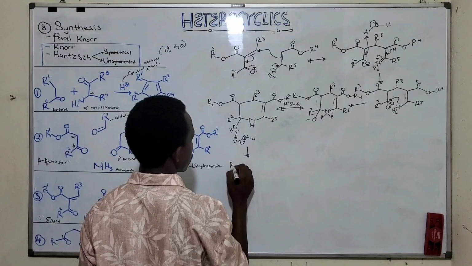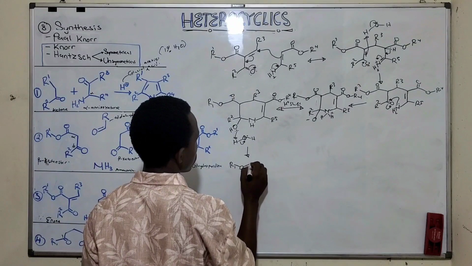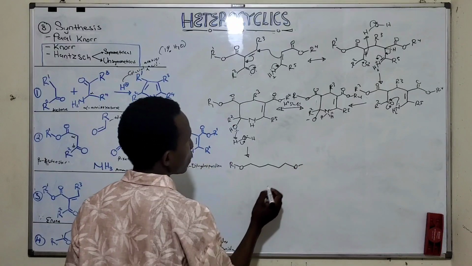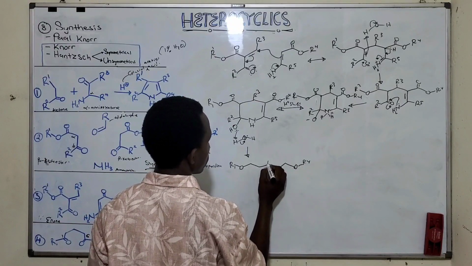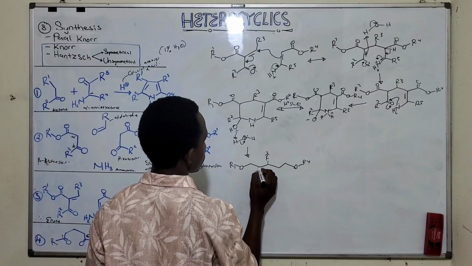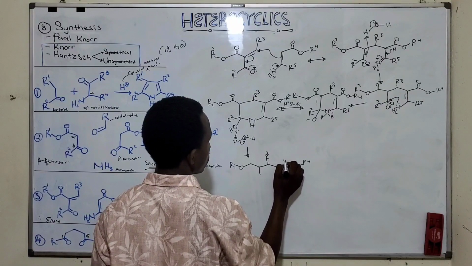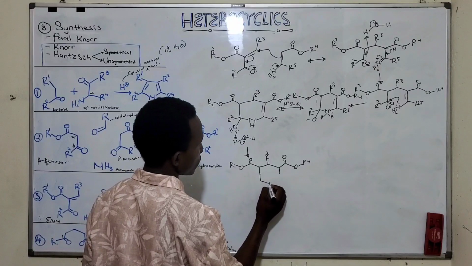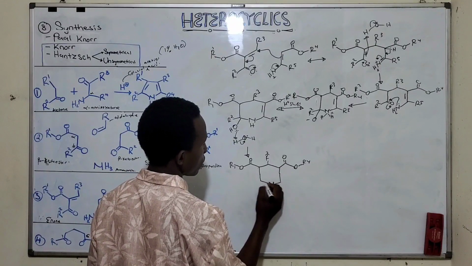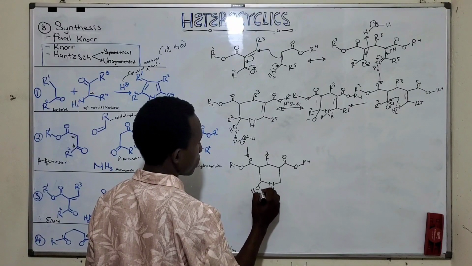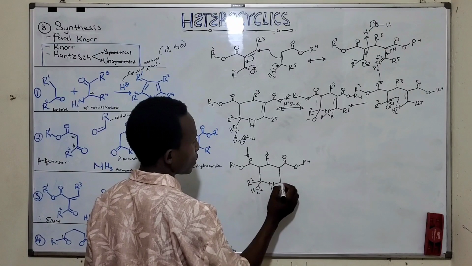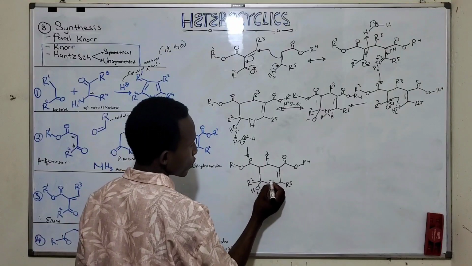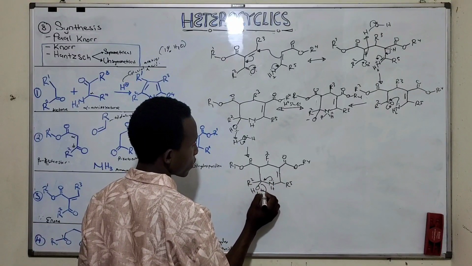So we have this R1, R4, you have R3, so NH or H2 plus now, then R2, R5. As this nitrogen forms a bond, this one breaks off.